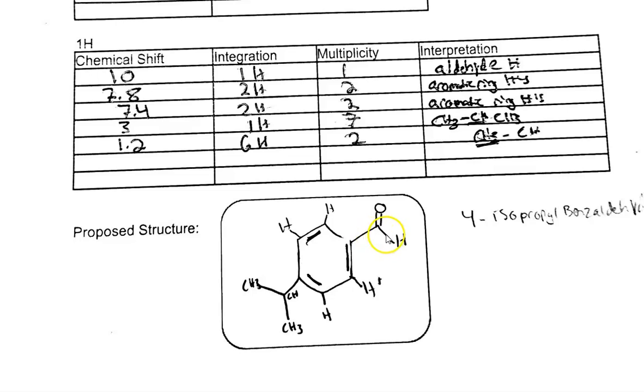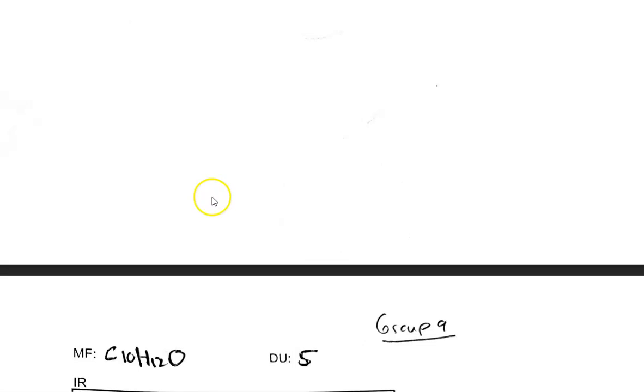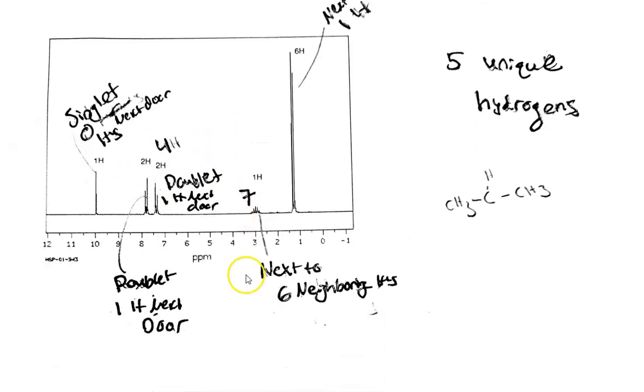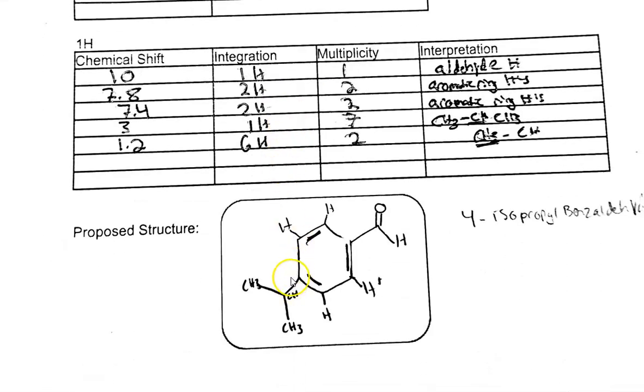So like I said, you have the aldehyde attachment here, which is getting you that higher chemical shift, as it's attached to the highly electronegative carbon double bonded to an oxygen. You have your 4 hydrogens in the benzene ring, which were indicated right up here. And the CH next to the neighboring carbons is right here, so this is the isopropyl group.